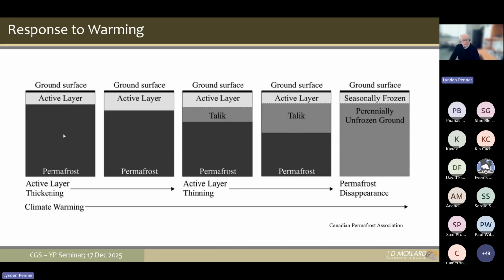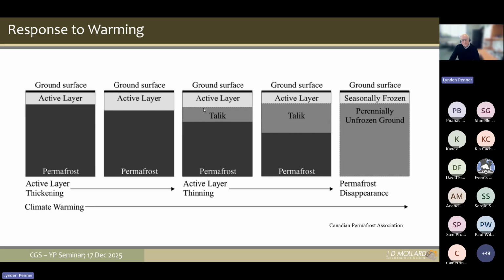As that process occurs, as you have warming conditions, you begin with an active layer sitting directly on top of permafrost. As the conditions warm, the first step is for the active layer to extend down to greater depth. And as it extends down, it reaches a point where there'll be an unfrozen zone below the active layer.